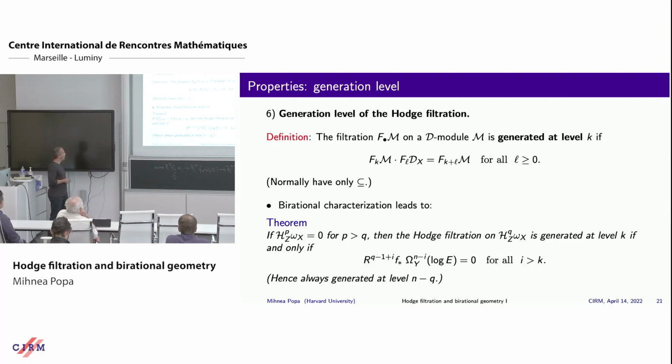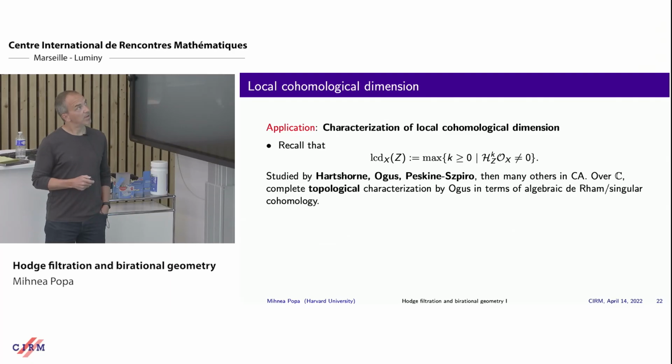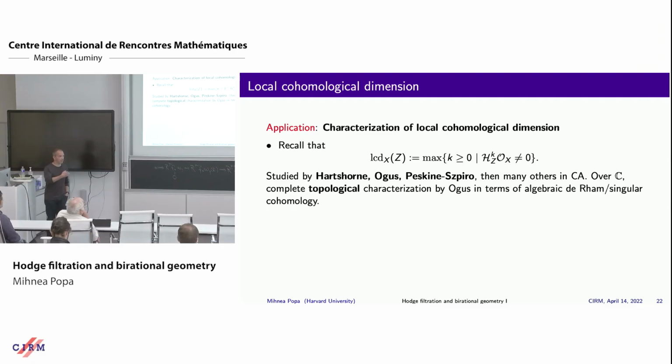Okay, so let's go back to that notion that I explained at the very beginning of the talk. The local cohomological dimension is the maximum over all degrees for which local cohomology is non-trivial. So basically, this is the invariant that understands how much local cohomology we have.